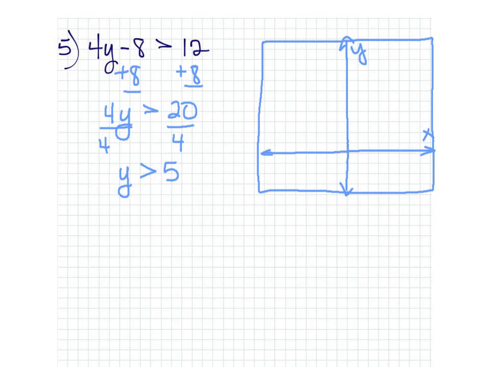I know it's going to be a dashed line because it's a greater than, not a greater than or equal to. So there is my boundary. It's at y is 5. And then which way am I going to shade? Wherever y is greater, so it's going to be above the boundary. The y's get greater as you move up on the y-axis. And so that would be the graph of the inequality.